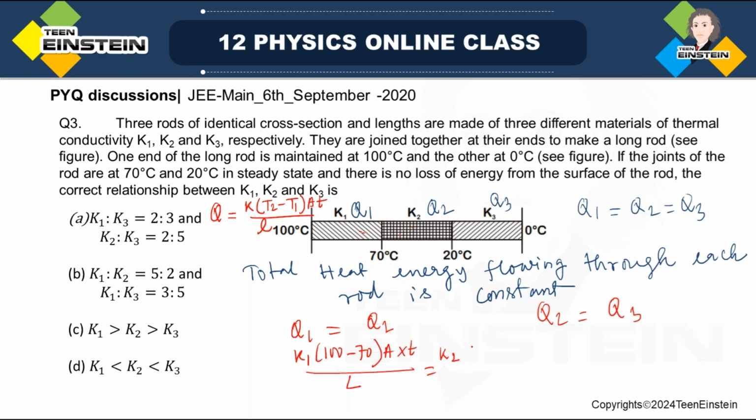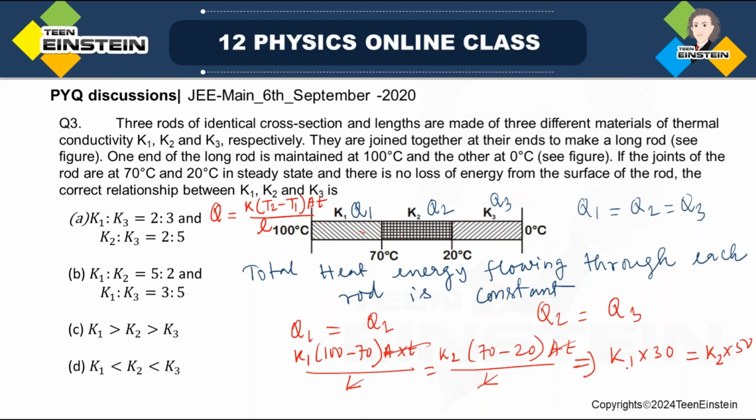For this you have temperature difference 70 minus 20 divided by A into T into L. This is also L. So I can just strike out A, T and L. So ultimately what we get is K1 into 30 is equal to K2 into 50.